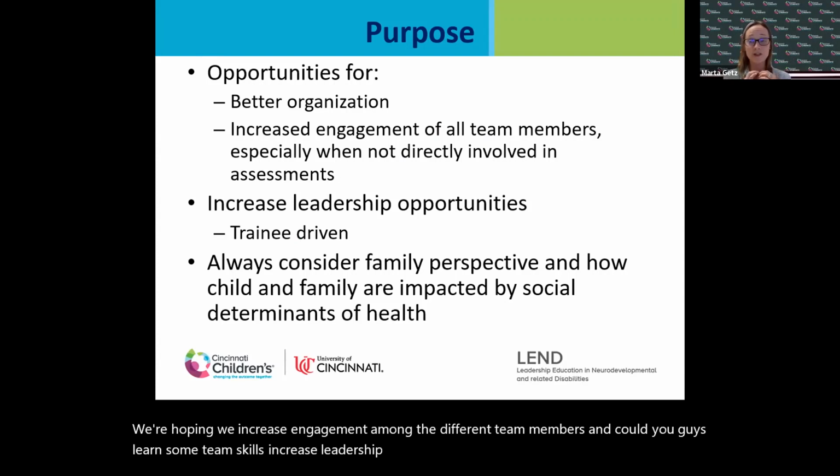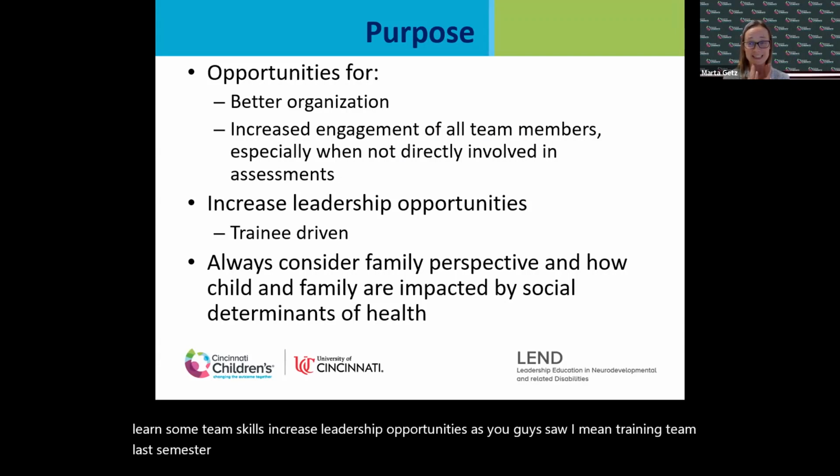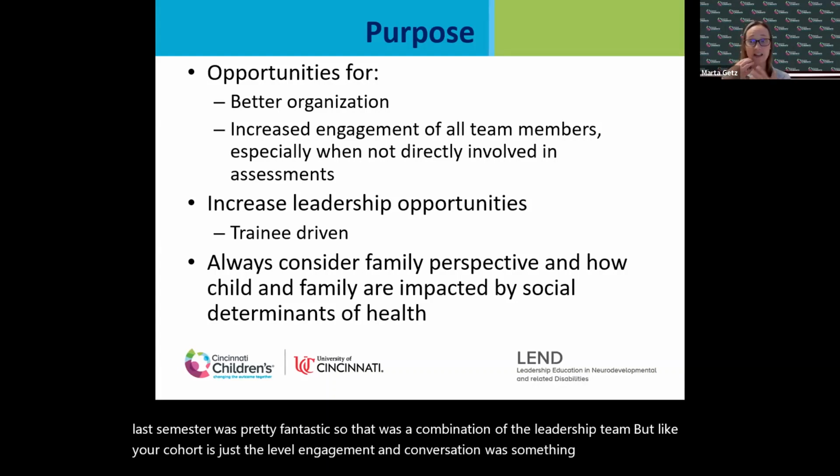As you saw, training team last semester was pretty fantastic. That was a combination of the leadership team, but your cohort's level of engagement and conversation was something we don't normally see at that level that early.